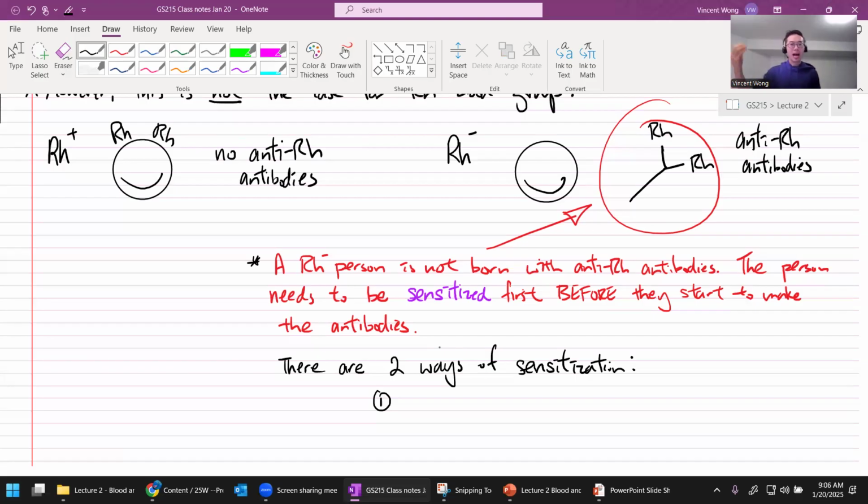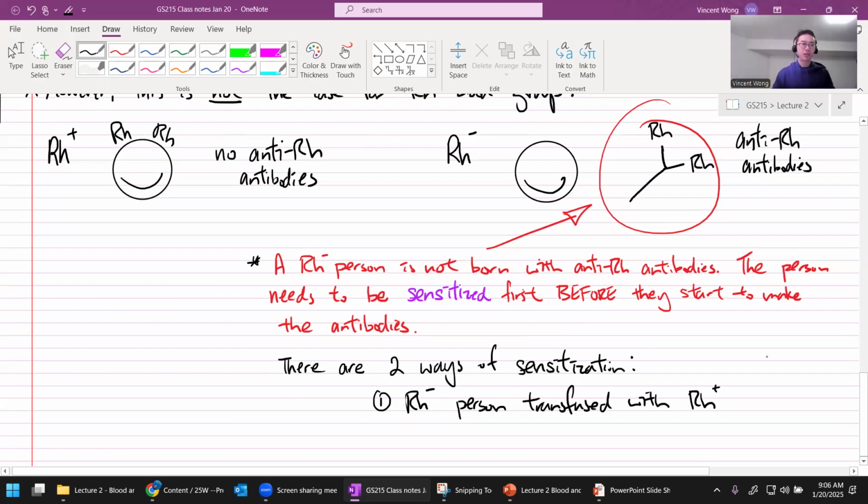Why or how would positive blood get into your body? That's right, transfusion. An RH negative person transfused with RH positive blood.